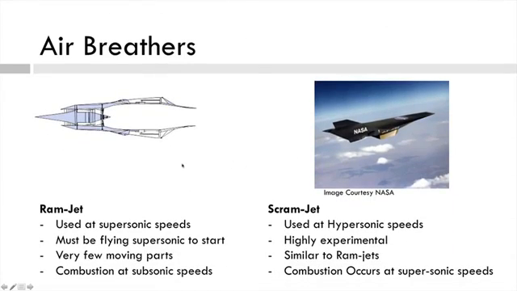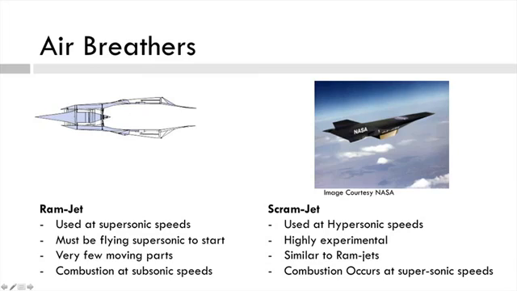The high-speed ones. So we've got the ramjet, looks like this. You can see that there's no longer this compressor, combustor, turbine, exit stage. Now there's just this spike at the front, big empty section, and it goes out the back. These are used at supersonic speeds, so that's faster than the speed of sound. The disadvantage is they have to be going faster than the speed of sound to start.